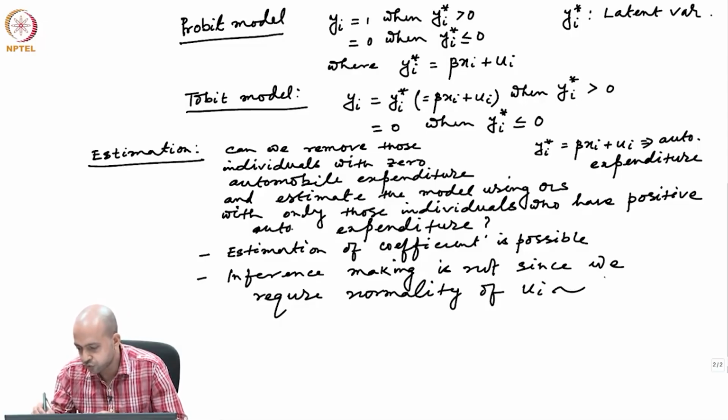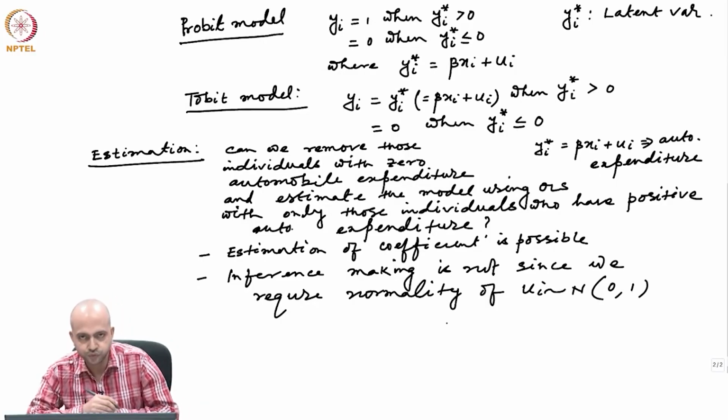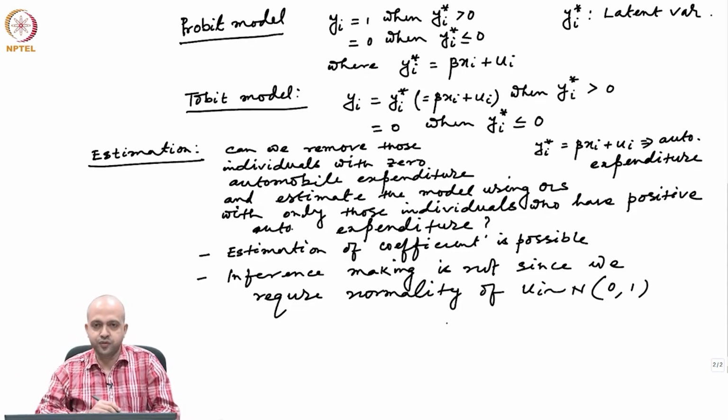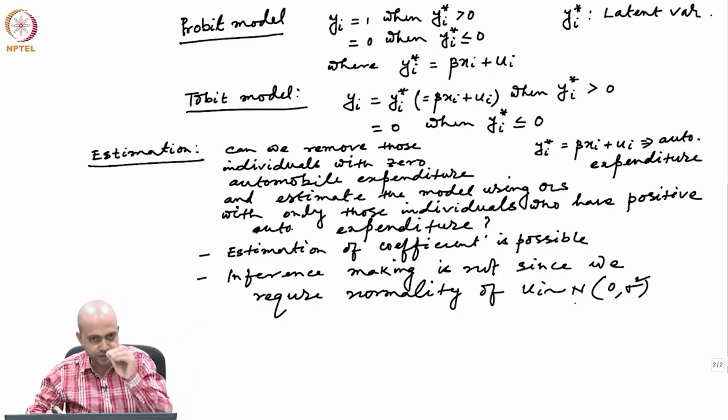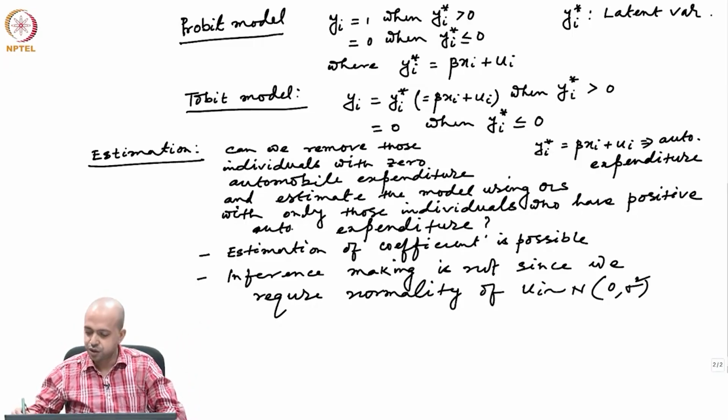That means that should follow a normal distribution with 0 mean and 1 variance, or whatever sigma square. Let us say this is 0 mean and sigma square variance. Whether this normality assumption is valid or not, that we have to check in the sample where we have removed those observations with 0 automobile expenditure.